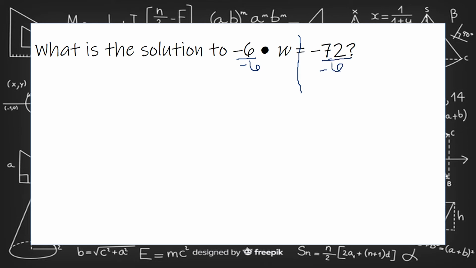Negative 6 divided by negative 6 leaves me 1, and 1 times w is just w. A negative divided by a negative is a positive. 72 divided by 6 is 12. So the solution to this is w equals 12.